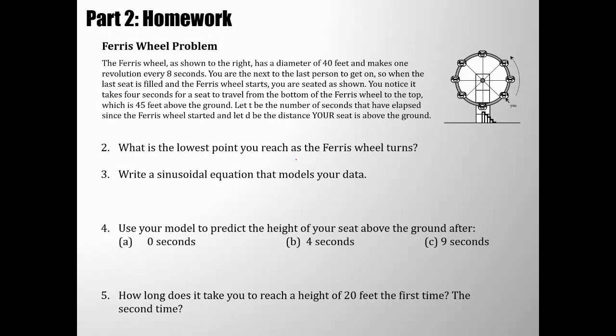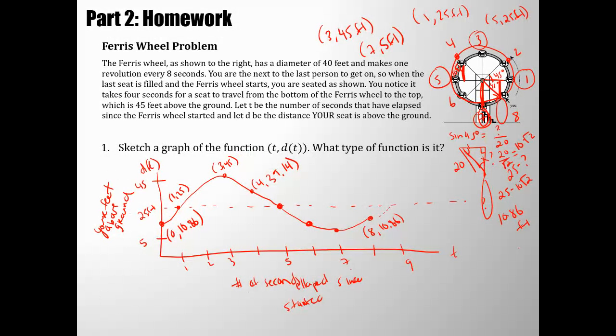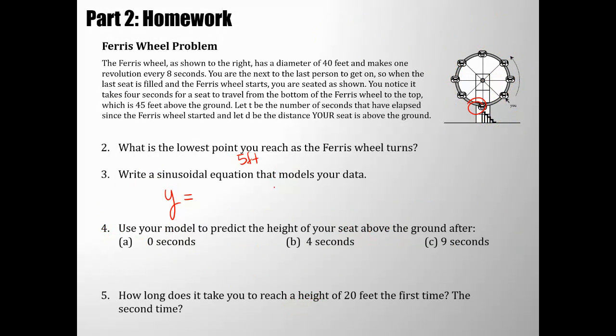What's the lowest point you reach as the Ferris wheel turns? The lowest point is this spot right here, right? And that was 5 feet. Our model, y equals, well, we talked about the midline back here was 25, right?